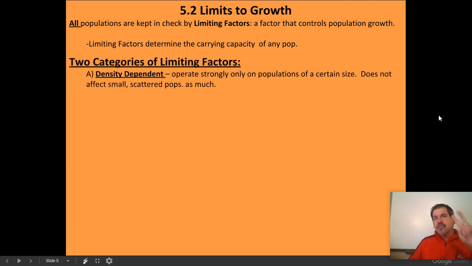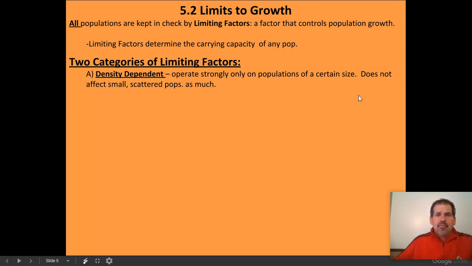All right, so there are two categories of limiting factors. One is called density dependent, and these are, as the name implies, limiting factors that get stronger or weaker as the population gets more crowded or less crowded.